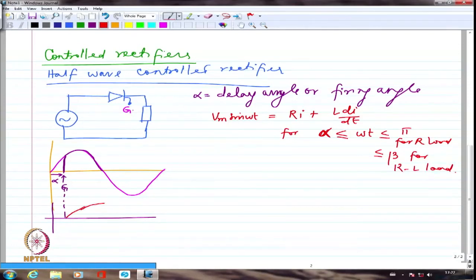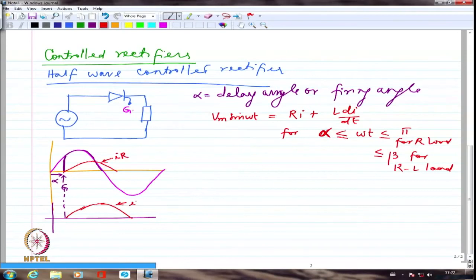So the current will start like this and then it will probably die down at some point, depending upon where exactly the current starts falling, how much is the stored energy in the inductance and so forth. If I try to draw the voltage corresponding to this, I may have some voltage waveform somewhat like this, right? The same current I am drawing, multiplied by R. If I only look at the voltage across resistance, this is going to be IR.